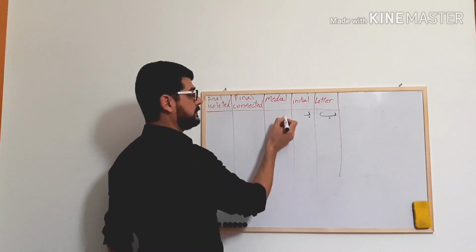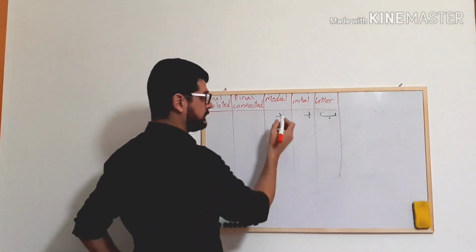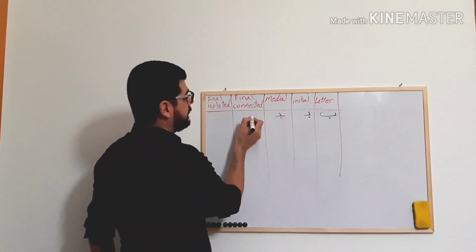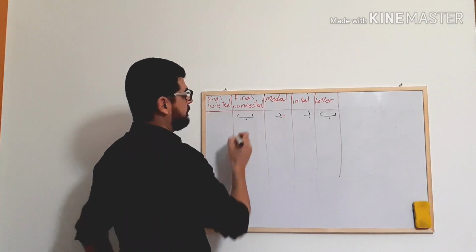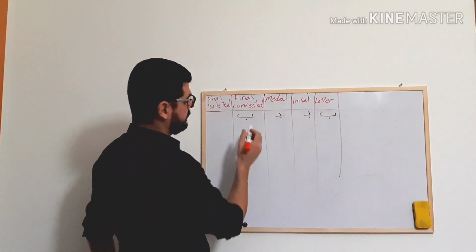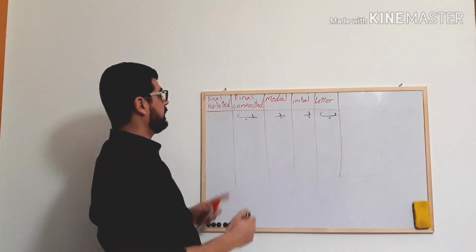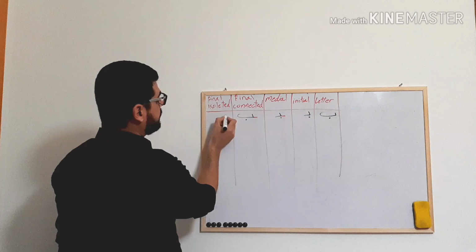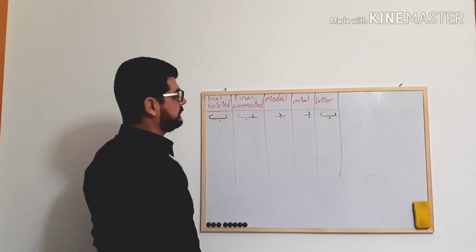In the middle, it will be the same as the beginning, but with a line. Final connected will be the same letter as in the alphabet, but with the headline. Final isolated will be exactly the same as the letter in the alphabet.